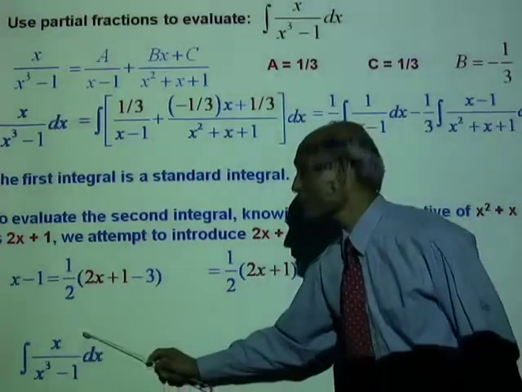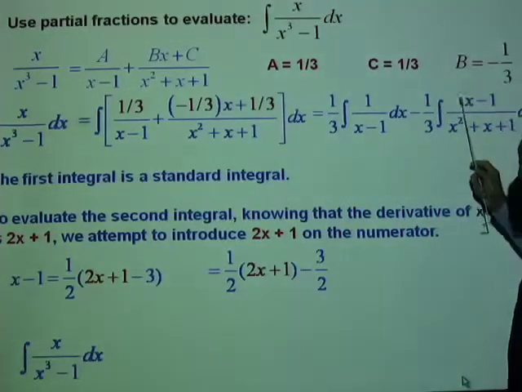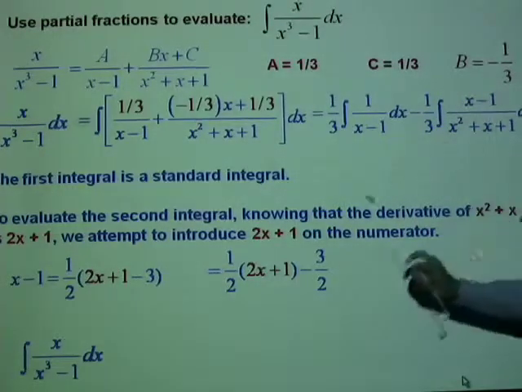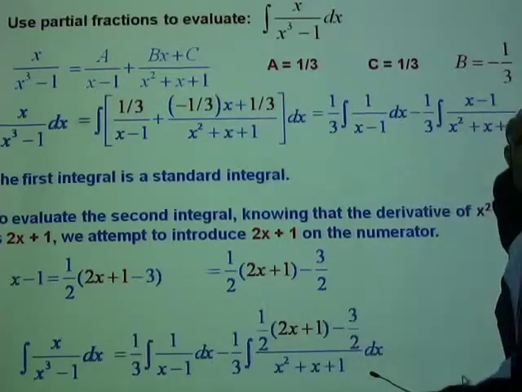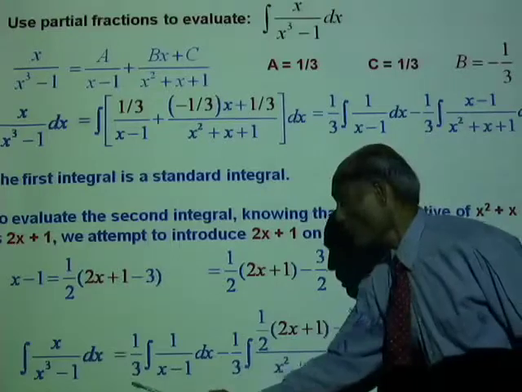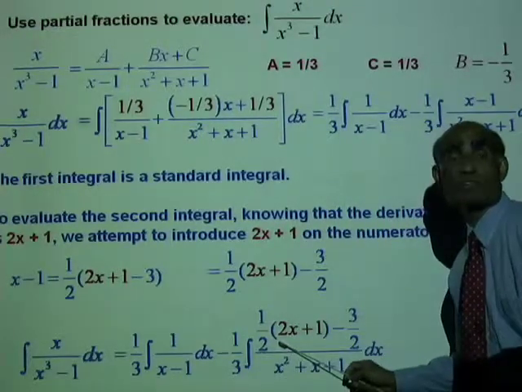So, the integral of x over x cubed minus 1 now becomes the numerator x minus 1 is going to be replaced by this quantity. That's interesting. This is already known, so we are leaving it like this. It is the second integral that we are interested in.